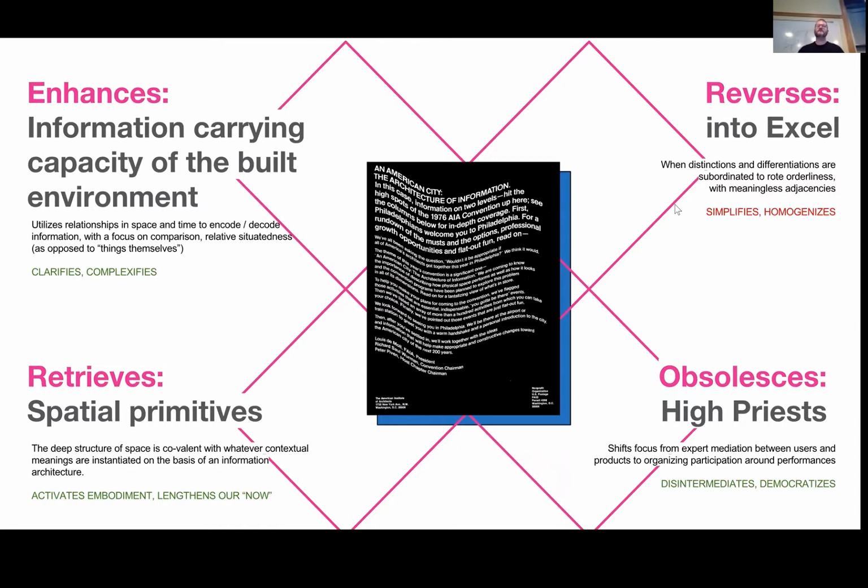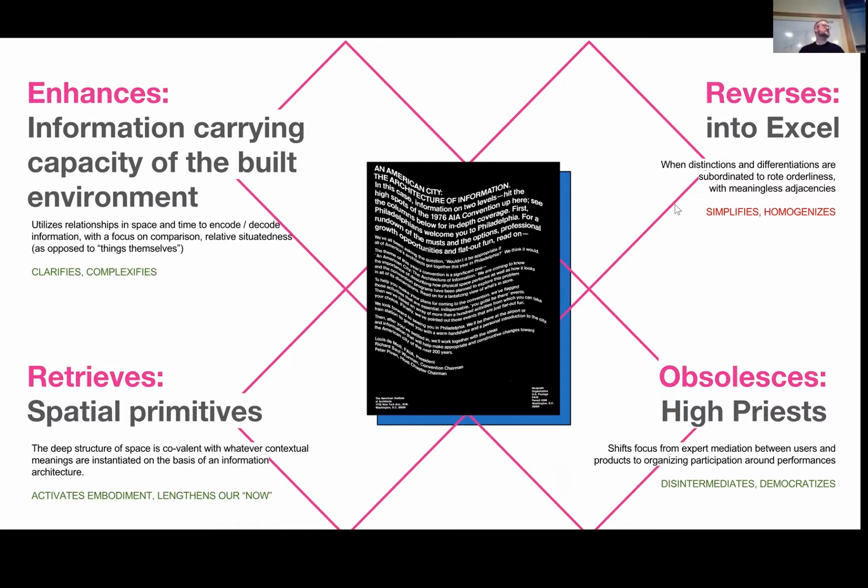My sense is that information architecture, if what Wurman was talking about in the late 70s were to be practiced in any significant way, would obsolesce the role of high priests, the kinds of super experts who mediate our relationship with information by advising us on and helping us purchase products and services. The phrase "nobody ever got fired for hiring IBM," where there is some secret stuff that only a mediator, only a special guru, could get you at.